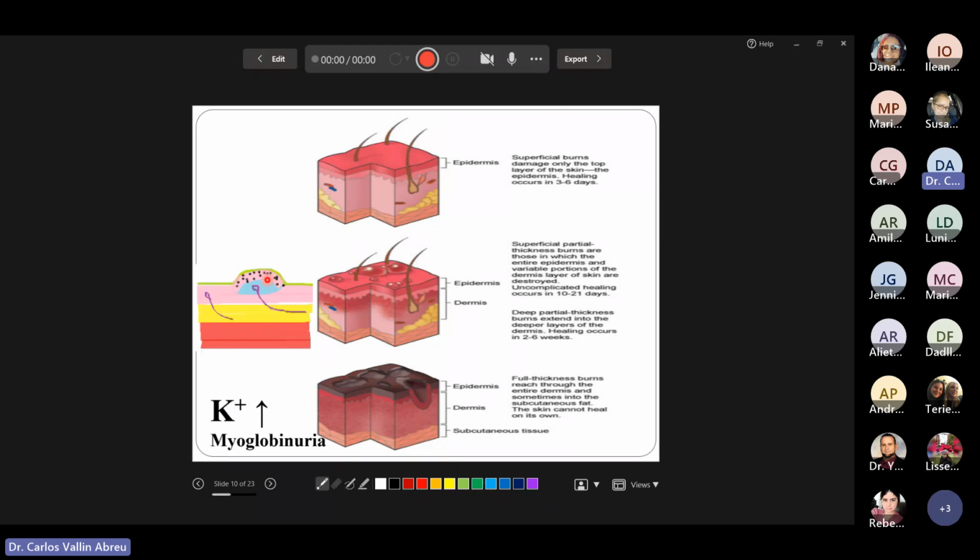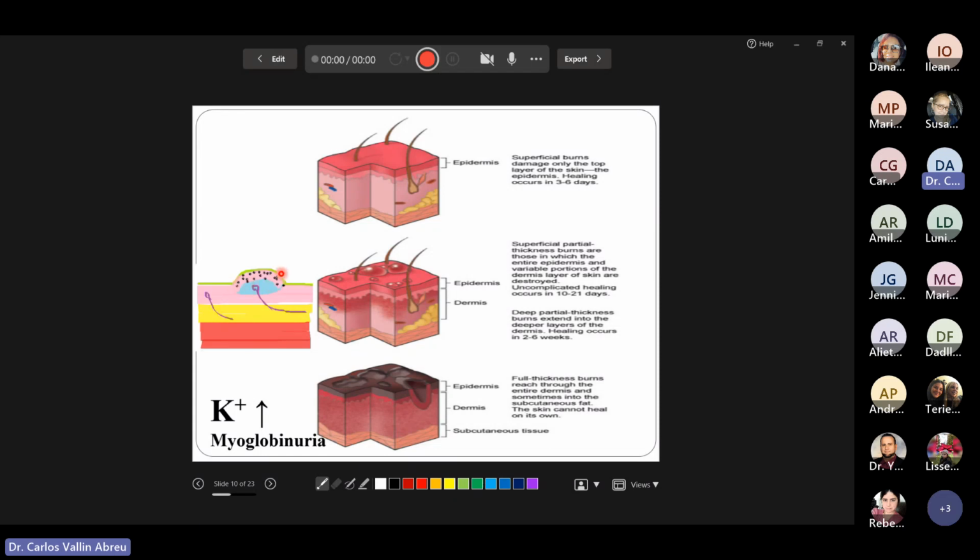Blisters, partial thickness. Blister presence, partial thickness. By the way, those burns are very painful because the nerve terminals are exposed, and that's why they are very painful.